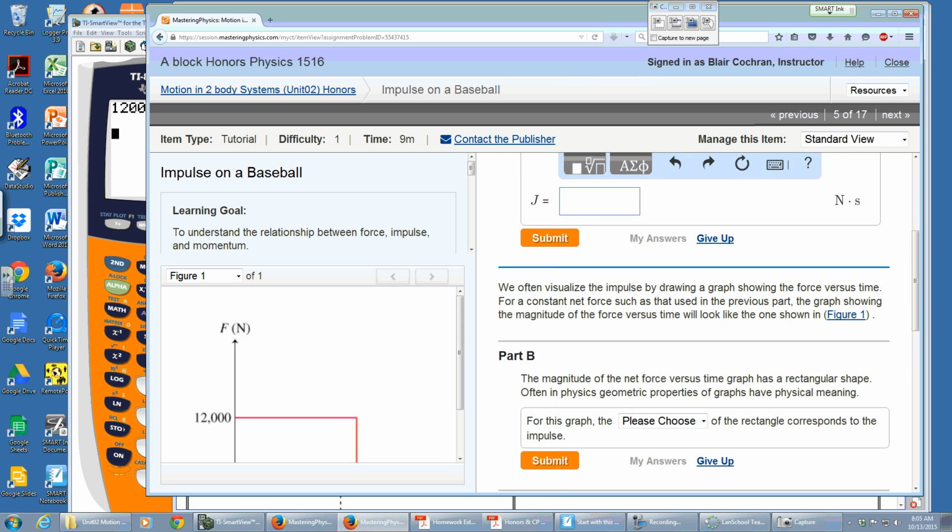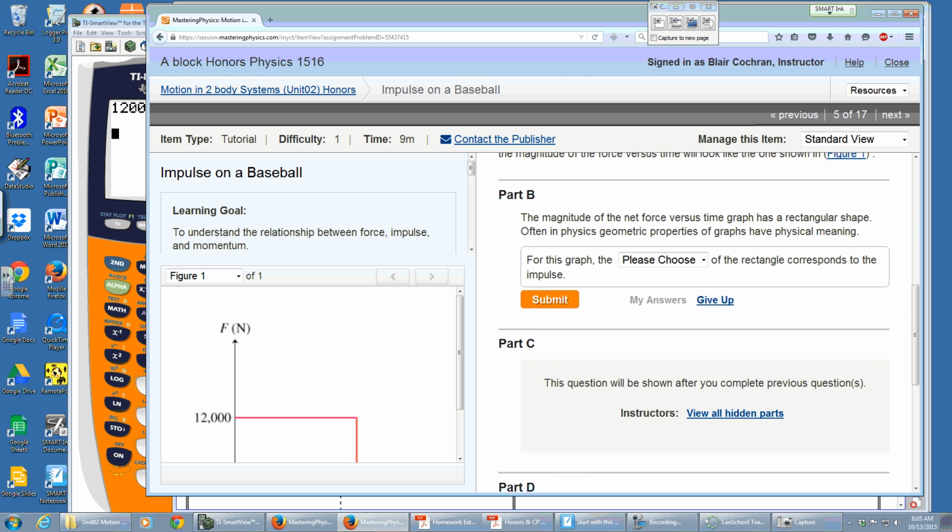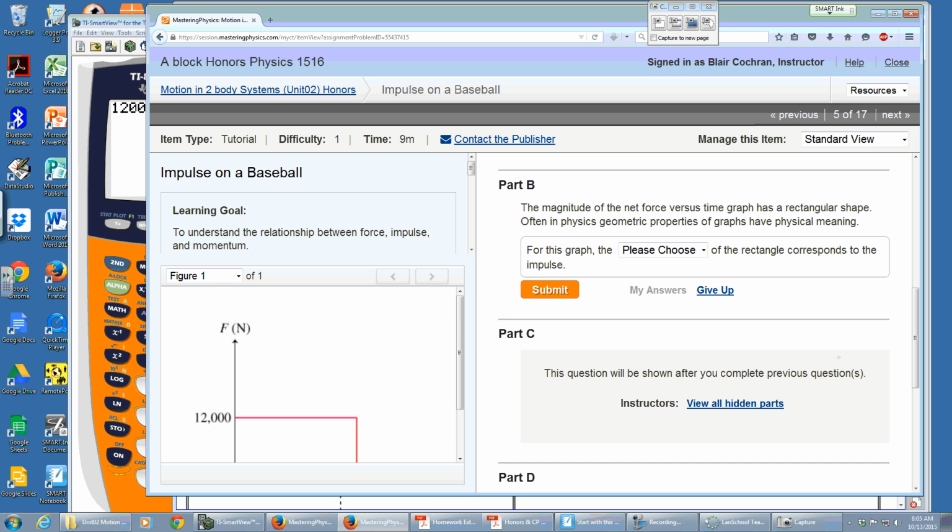So, the net force versus time graph has a rectangular shape. It does. Often in physics, geometric problems have physical meaning. On this graph, the area of the rectangle corresponds to the impulse. So let's see, what did we just do to find the impulse mathematically?